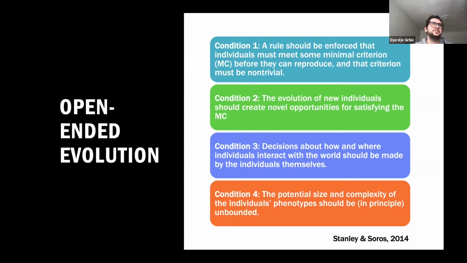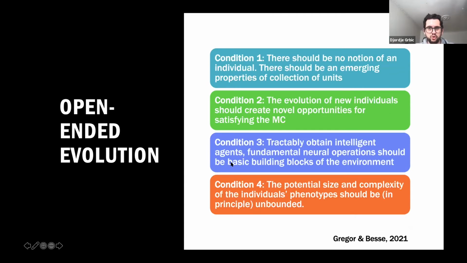So we are trying to give as many ways as possible for certain properties to emerge within these artificial systems. And condition 4 is that the potential size and complexity of these individuals' phenotypes should be in principle unbounded. For me, this is the minimum. If there is one minimum criterion, it would be this, that the phenotype possibility should be unbounded. Of course, this is not set in stone because there are some opposing views.